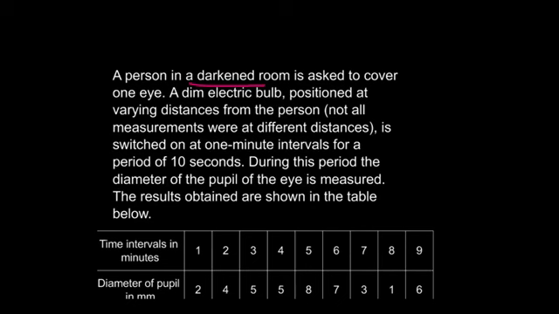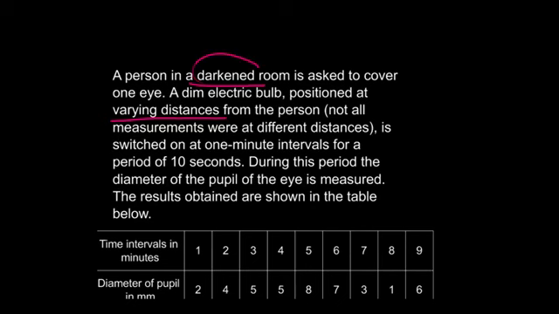A dim electric bulb is switched on at 1 minute intervals for a period of 10 seconds. During this period, the diameter of the pupil of the eye is measured. The results obtained are shown in the table below.